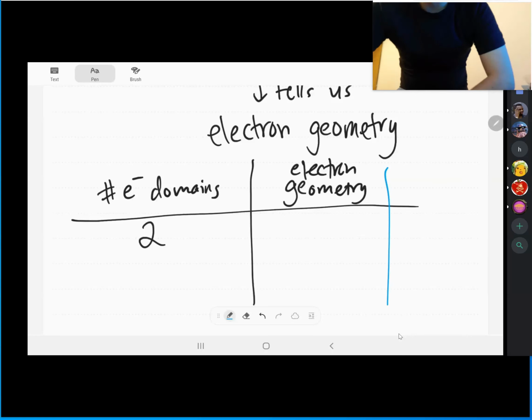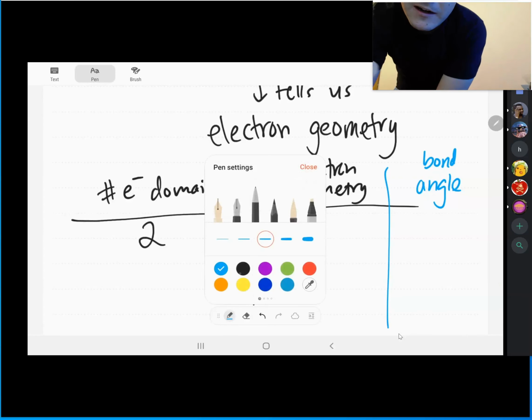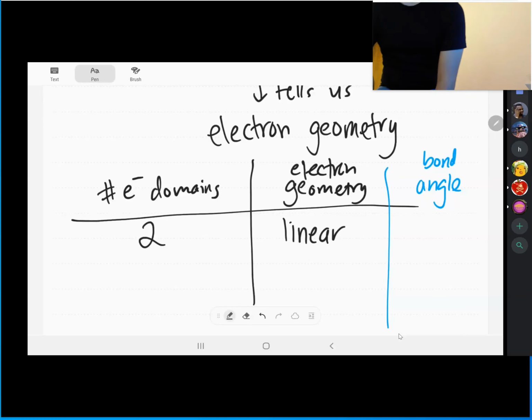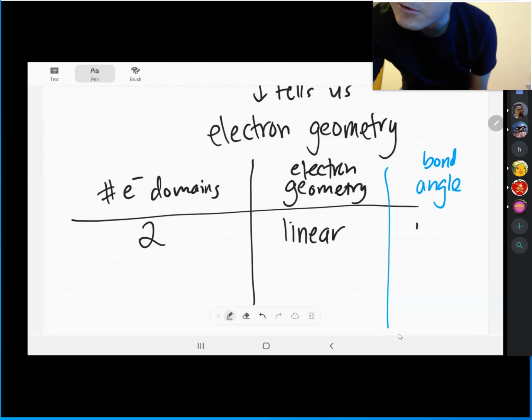Okay, so we're going to see that this is going to be called linear. You can make a line from this arm to the other arm. It just goes straight across. And that's a 180-degree angle.